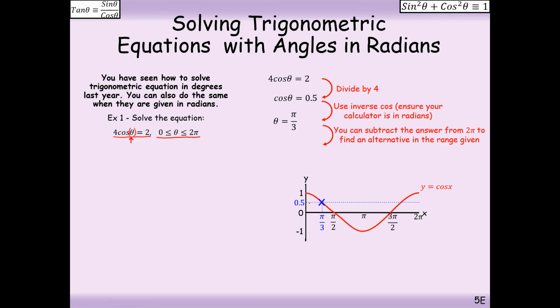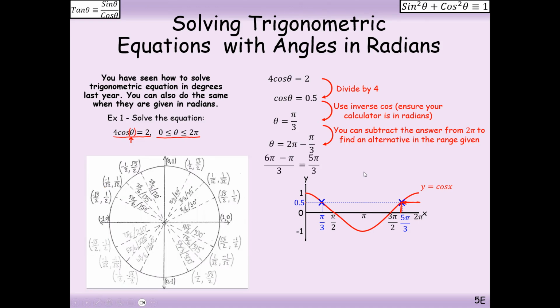So this section of the graph, which has a height of a half, the angle is repeated at this point here, 2 pi minus however much we went forward from 0. So you do have to subtract pi over 3 from 2 pi to get the alternate angle. Now that's 5 pi over 3.